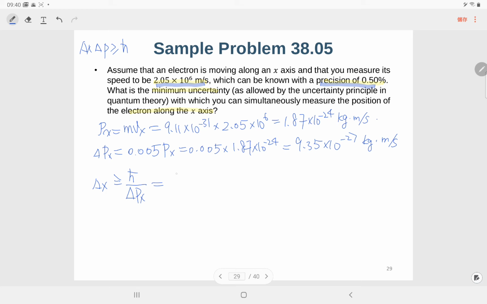So this is 6.63 times 10 to the minus 34 over 2 pi, and this one is 9.35 times 10 to the minus 27. So it turns out to be 11 nanometer.